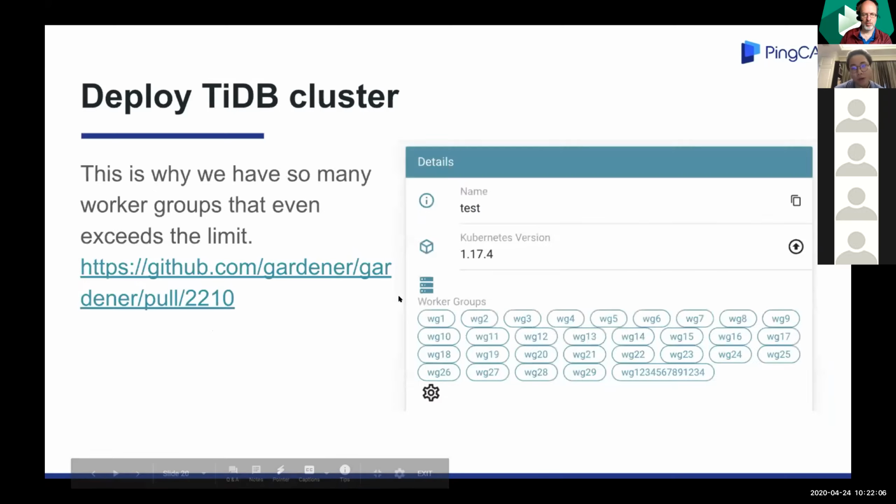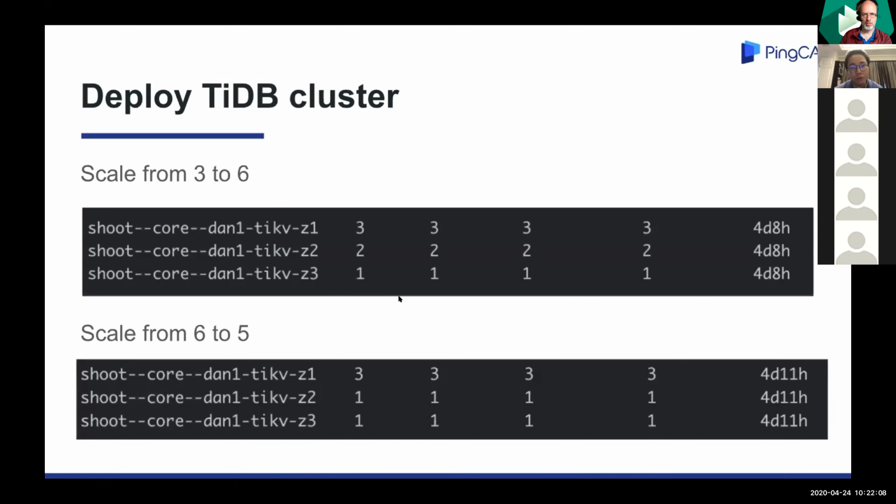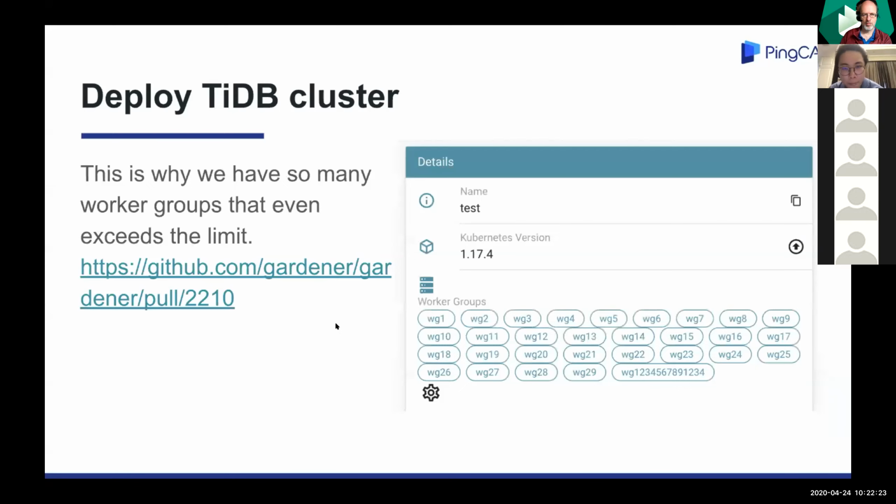So we decided to create a dedicated worker group in each available zone and control the node count in each available zone in the control center. This is why we have so many worker groups that even exceed the limit.